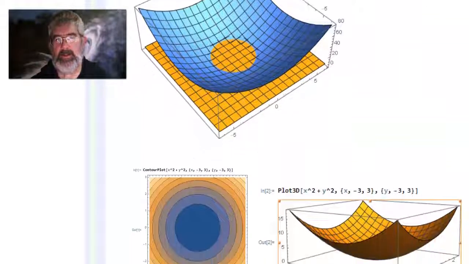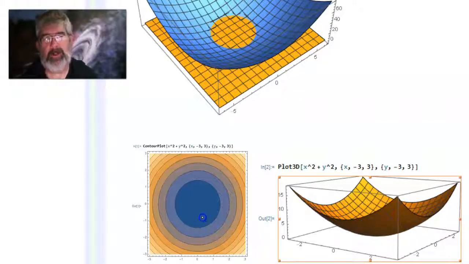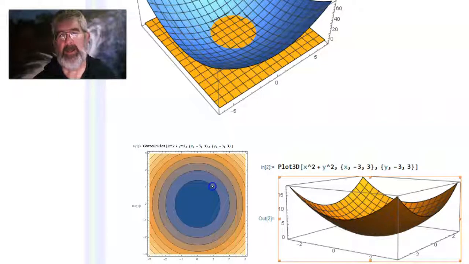Here are more level curves of that paraboloid opening upwards. Actually, I've had Mathematica draw several level curves for me. One of the things Mathematica does by default is color in between the level curves, so you get a sense of what direction you're going.